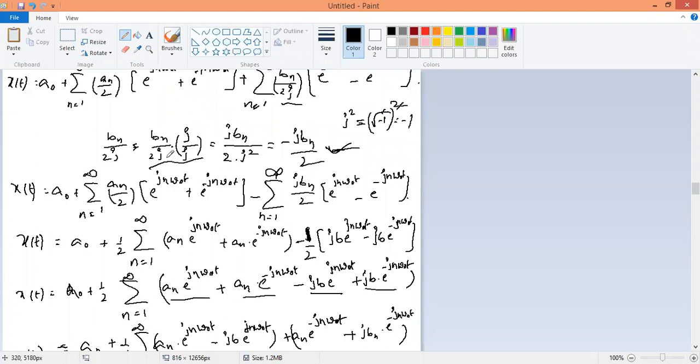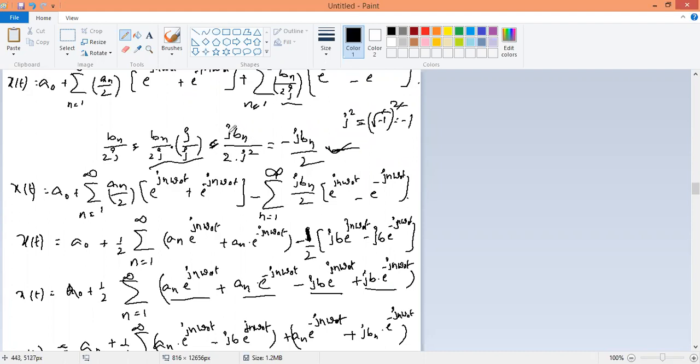Both j by j cancel, the value is the same, bn by 2j only will come.